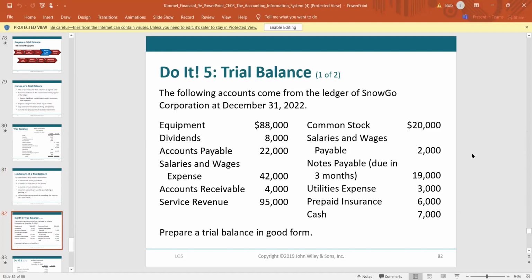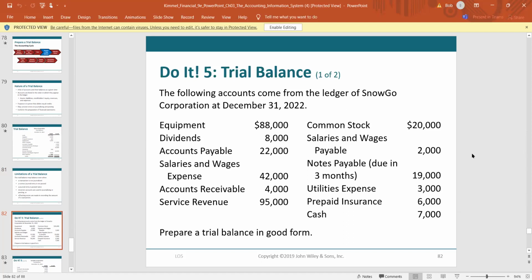Here we go. The following accounts come from the ledger of Snowgo Corp. Prepare a trial balance in good form. Our trial balance begins with current assets first, then long-term assets, then liabilities, equity, revenues, expenses.